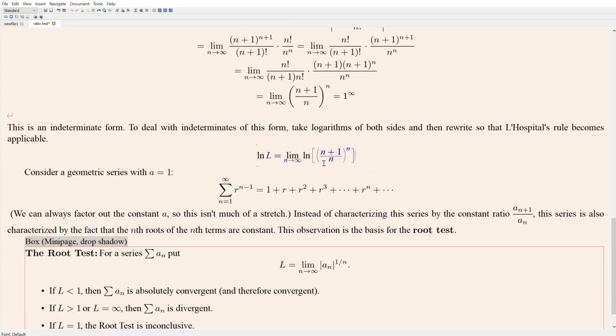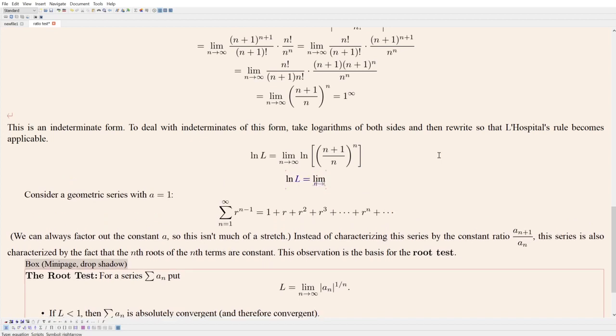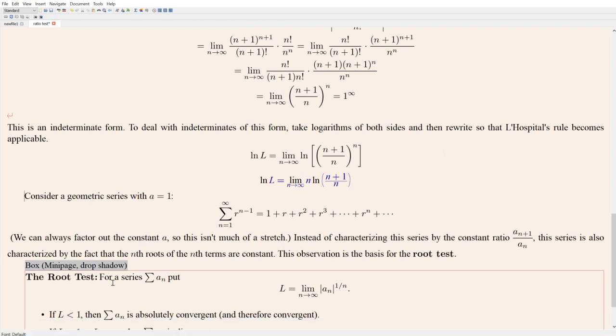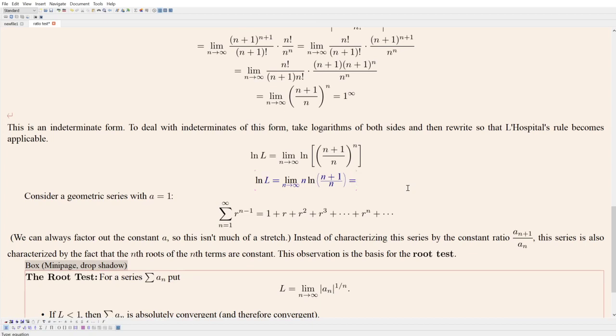There, like so. That's all inside the log. Like so. Now, when n goes to infinity, this becomes log of 1. Log of 1 is 0. So this becomes an indeterminate form of the form 0 times infinity.